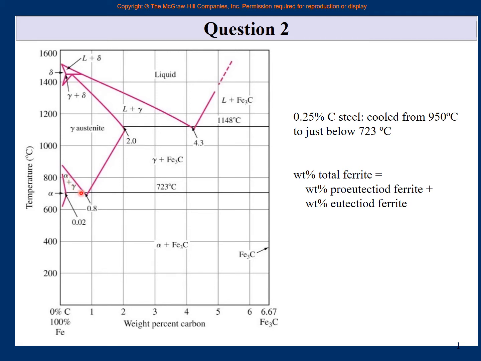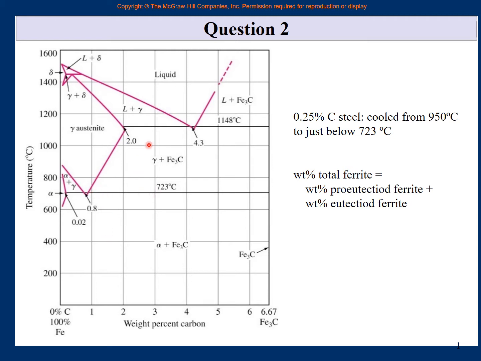Once you are just above 723, there is some alpha and there is some gamma, right? Because this is 723, the eutectoid temperature. Above it is pro-eutectoid, and below it is all eutectoid.